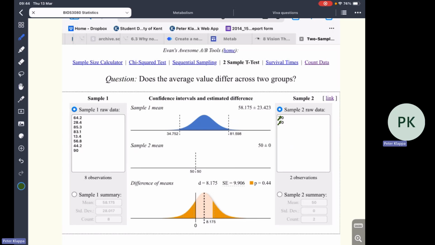And with this p-value, we just simply say, right, p-value larger than alpha, we fail to reject, or p-value smaller than alpha, we reject the null hypothesis.